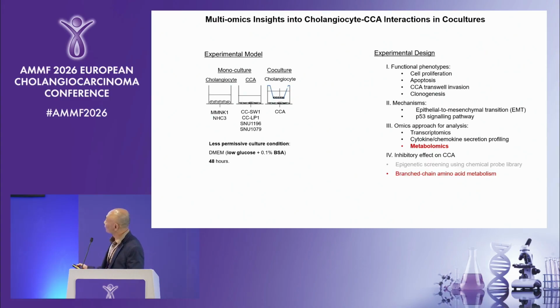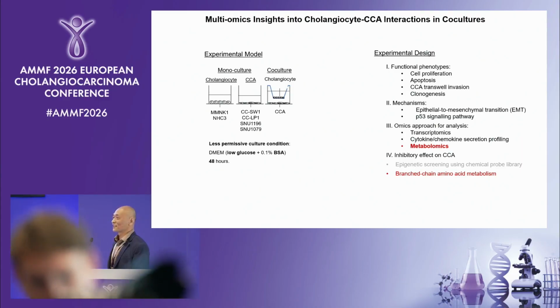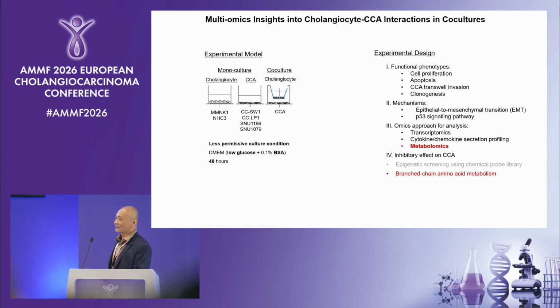We have three intrahepatic cholangiocarcinomas, including SW1, LP1, and 1196, and an extrahepatic cholangiocarcinoma, SNU1079, kindly shared by Professor Stuart Forbes at the University of Edinburgh. We grow them in harsh, less permissive culture conditions, with low glucose and 0.1% BSA instead of fetal bovine albumin, for 40 hours.